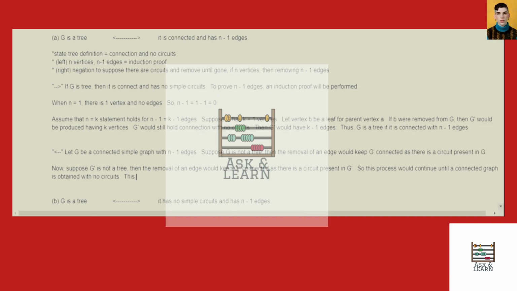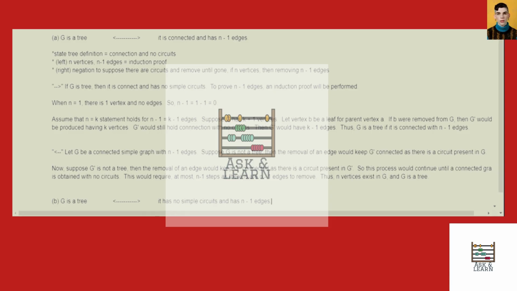This would require at most n minus 1 steps as there are n minus 1 edges to remove. Thus, no circuits exist in G, and G is a tree. And of course, that would be the end of the proof.